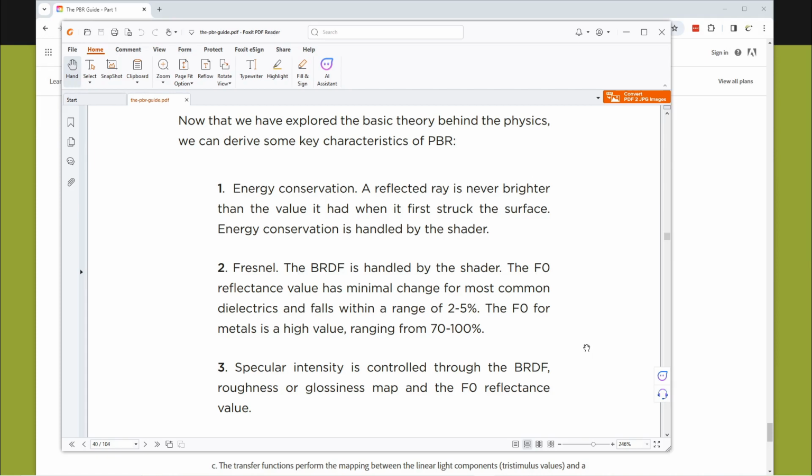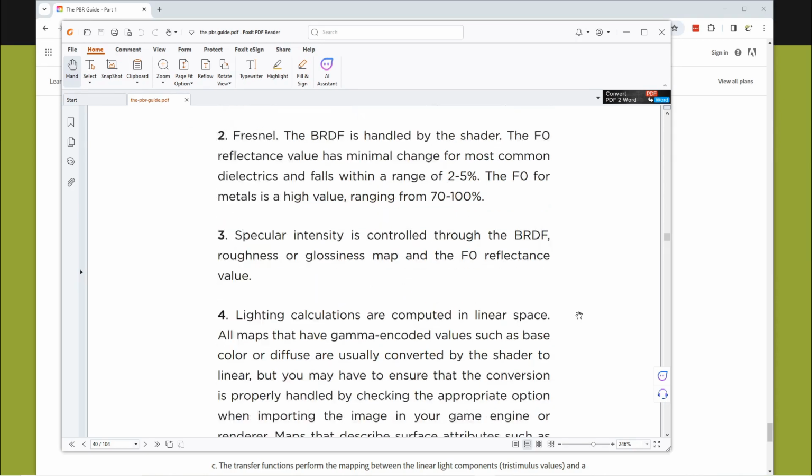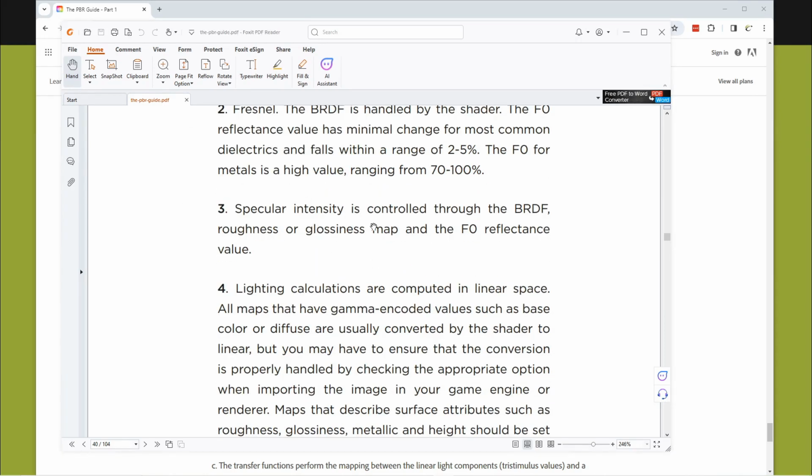The F0 reflectance value has a minimal change for most common dielectrics and falls within 2 to 5%, and the F0 for metals has a high range, 70 to 100%. Specular intensity is controlled through the BRDF, roughness or glossiness maps, and then the F0 reflectance value.